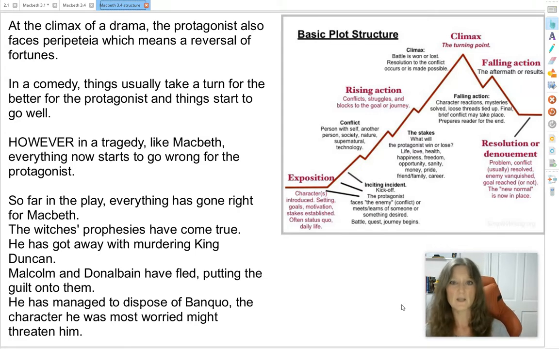So he's come back to haunt Macbeth, to spoil Macbeth's celebration, and to put the spanner in the works to mess things up for Macbeth, to start off this reversal of fortune, this peripeteia. So things from now on are going to go badly wrong for Macbeth.